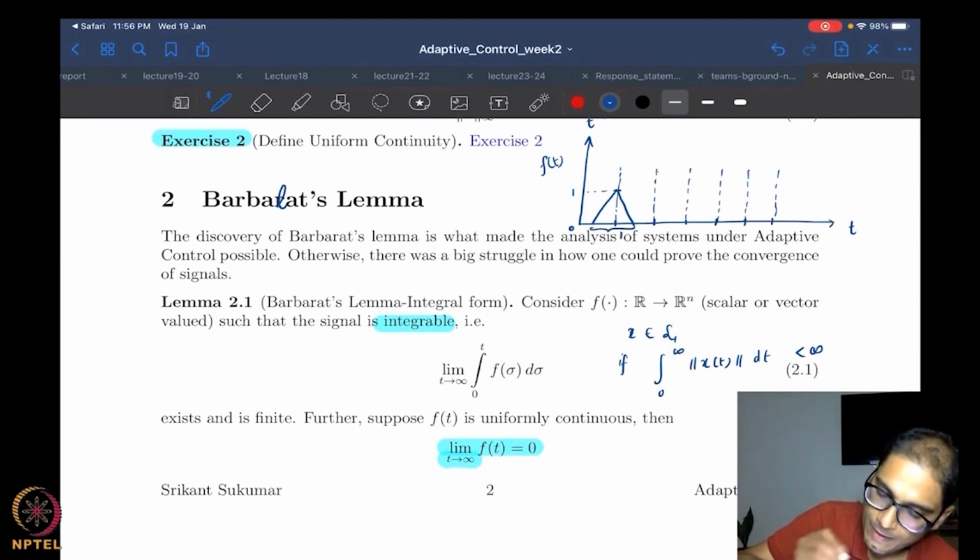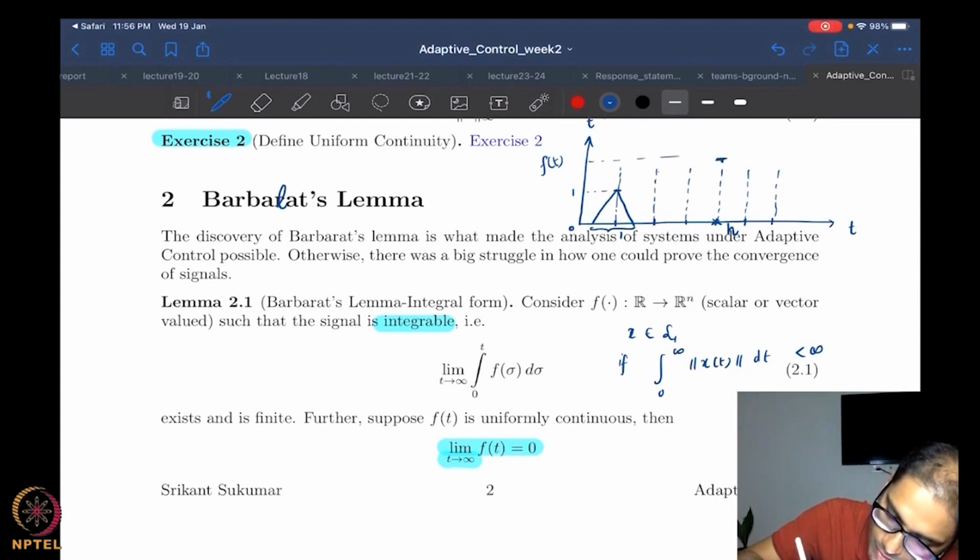Similarly, when this is h, where h is an integer, the height is h, and the width is 1 by h.